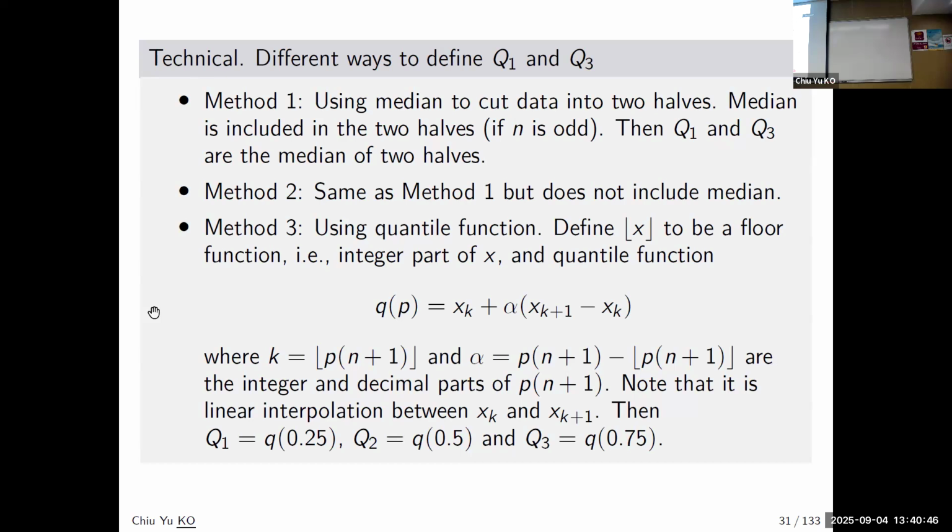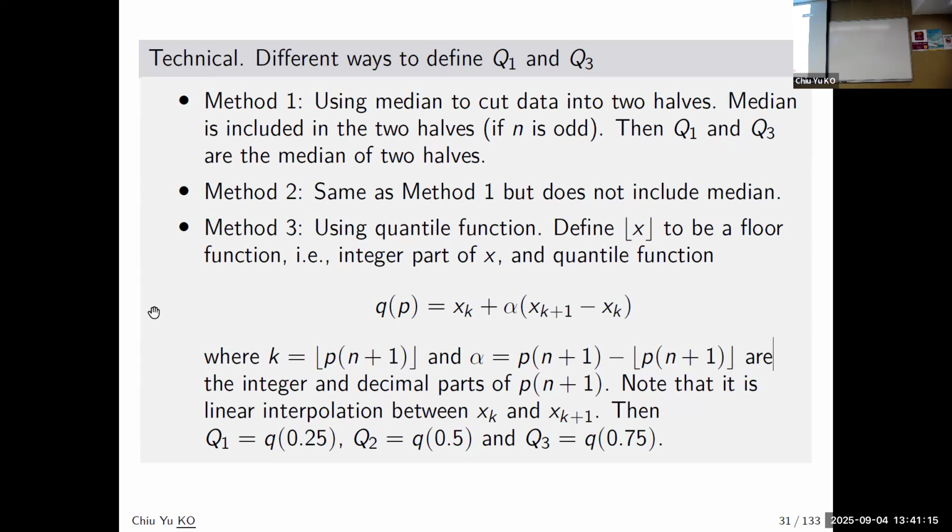And method 3 is the one used in Excel. That's why I have to tell you how you get the number in Excel. Of course, I don't want to make your life too difficult, so I put it as technical: just listen to it and you can forget about it. But at least you know what's going on in Excel, because when you calculate the quartile in Excel, it is different from what you learned in high school, and then you would be puzzled. I'll tell you how to get that one.